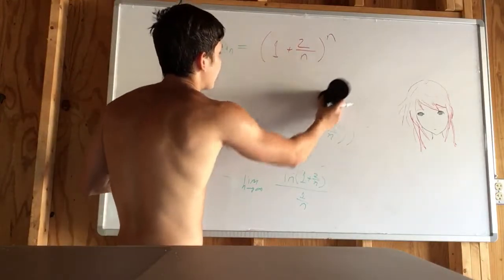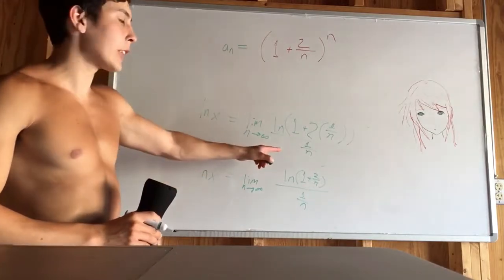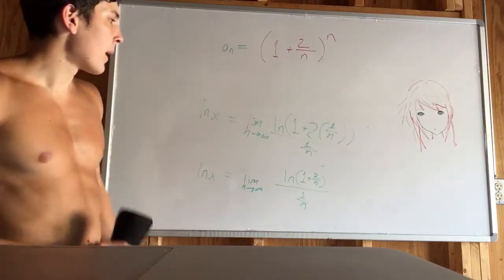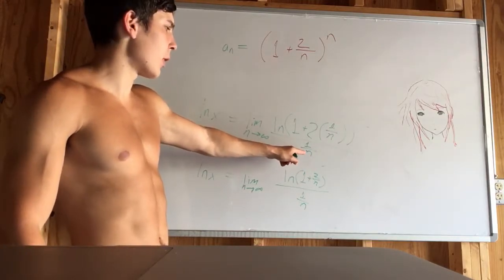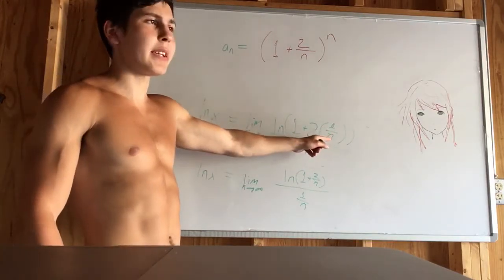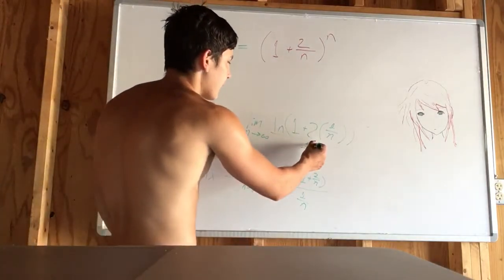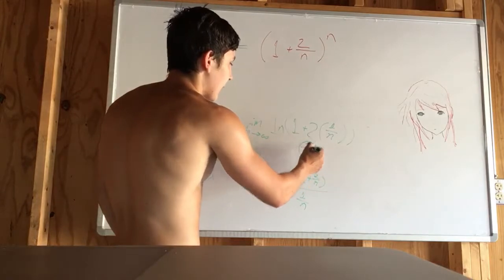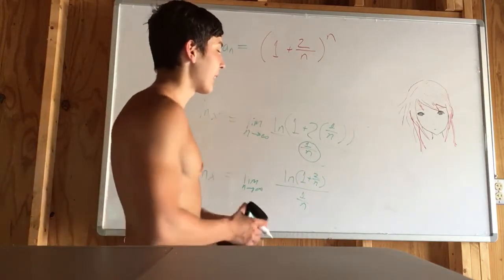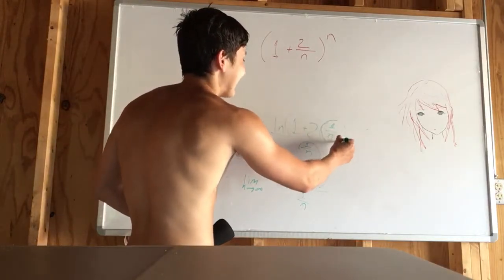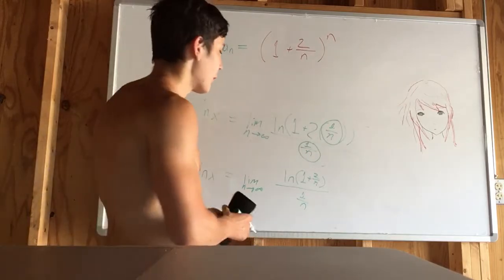So now our question is, what happens when we actually let this go to infinity? If we let this go to infinity, this right here is going to go to 0, and this right here is going to go to 0. So when you apply the limit as n goes to infinity, that entire thing goes to 0, and that entire thing goes to 0. And they are the same term.